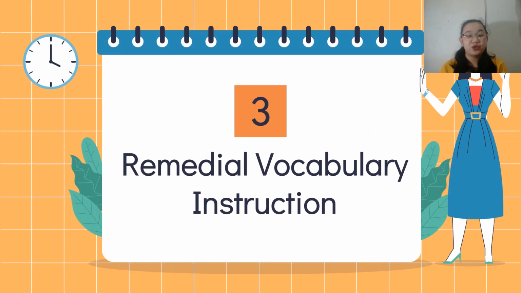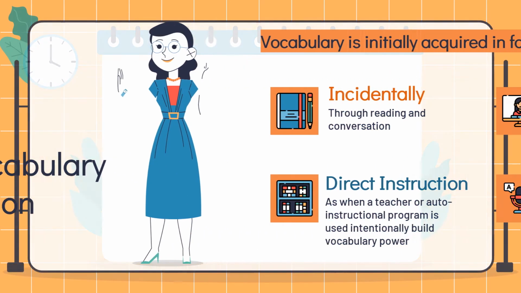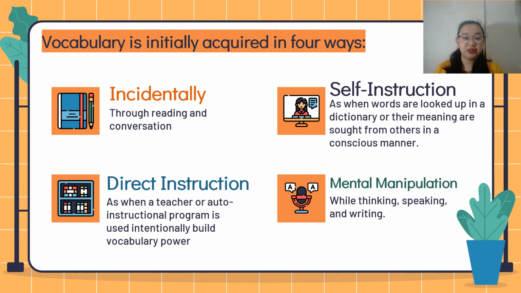And now, for our last topic, we have remedial vocabulary instruction. Vocabulary is initially acquired in 4 ways. First, incidentally, through reading and conversation. Second, self-instruction, as when words are looked up in a dictionary or their meanings are sought from others in a conscious manner.